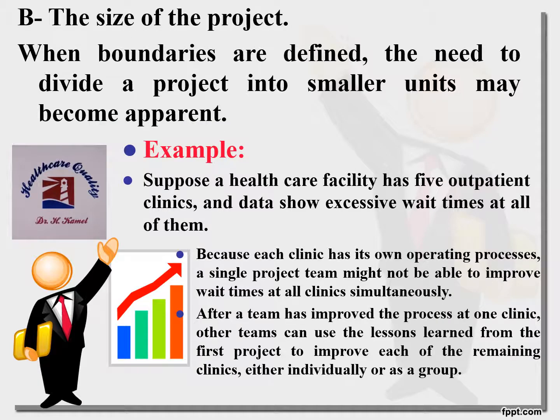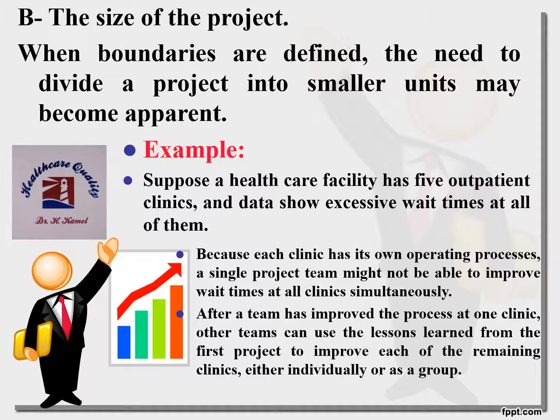B. The size of the project. When boundaries are defined, the need to divide a project into smaller units may become apparent. For example, suppose a healthcare facility has 5 outpatient clinics, and data show excessive wait times at all of them.